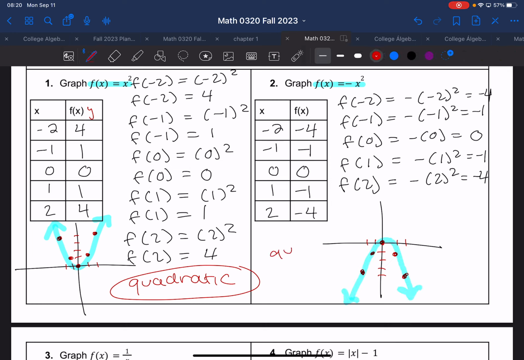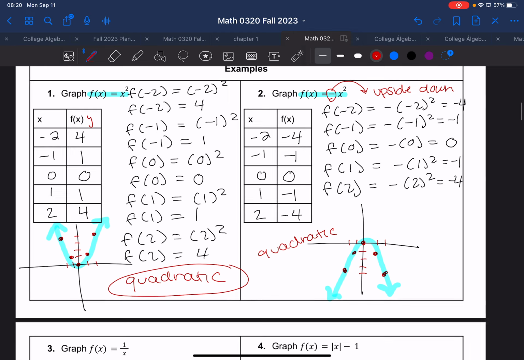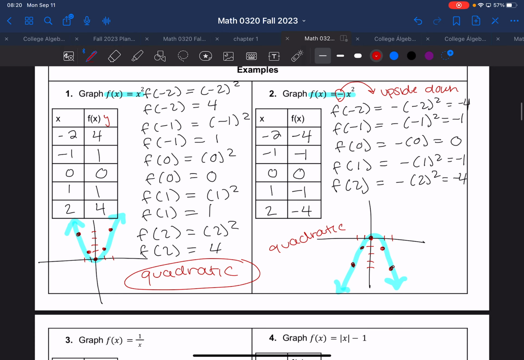Okay, so this is quadratic, but that negative here turned it upside down. Any questions on 1 or 2?